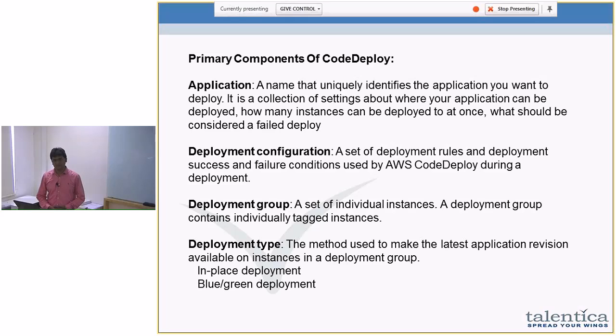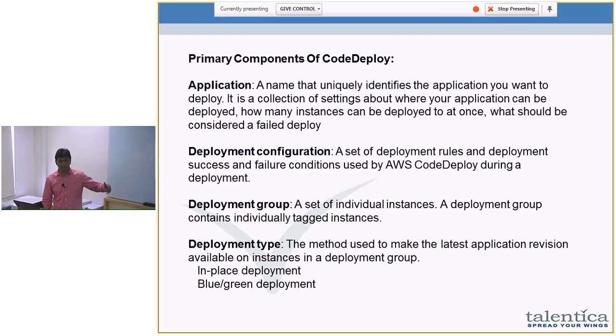So if you are saying instances, does that mean SIT or UAT? No, as I said, deployment group. We can create different environments like staging, production, and testing under one application, and we can associate different instances.